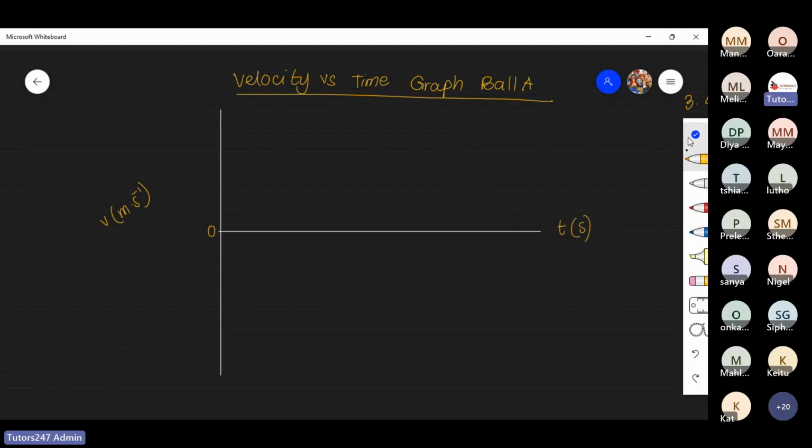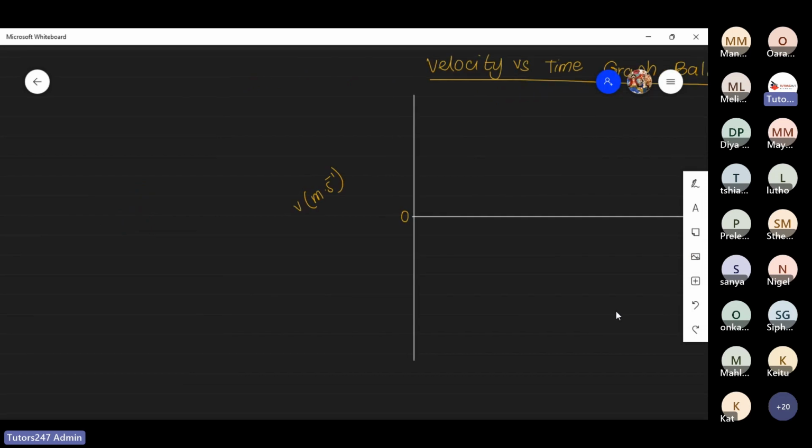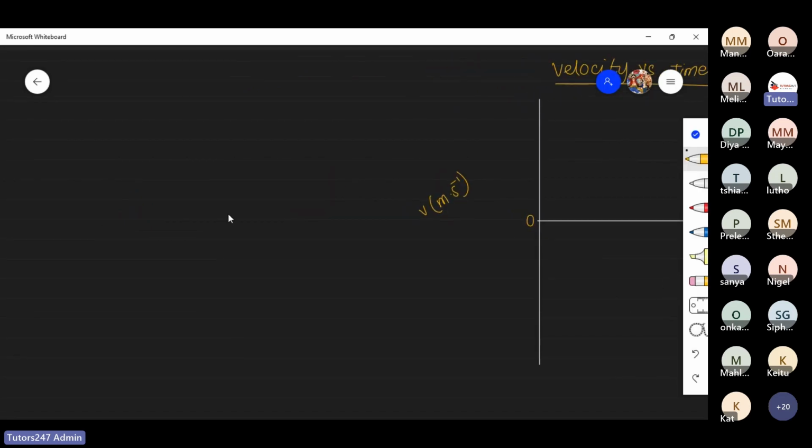Now, before I actually draw the graph, I need a checklist so I know that I've included all the points. So I'm going to do a rough sketch. Now, my ball hit maximum height, and then hit the ground, and then rebounded, eventually reaching a maximum height again.